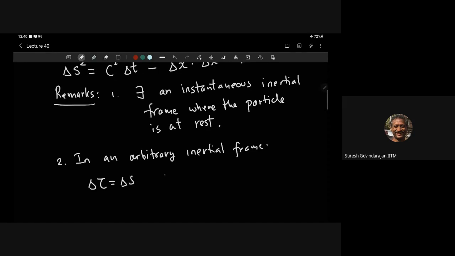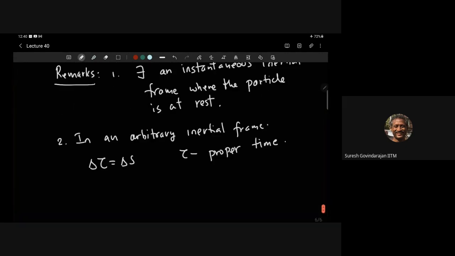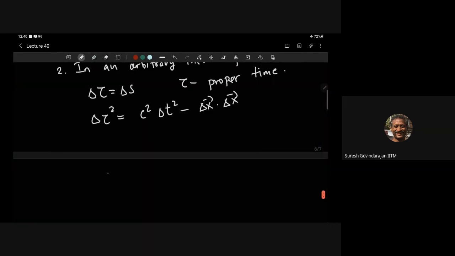We will call this tau proper time. Proper time is not one word, sorry. So what we will see is that delta tau square is equal to c square delta t square minus delta x dot delta x.